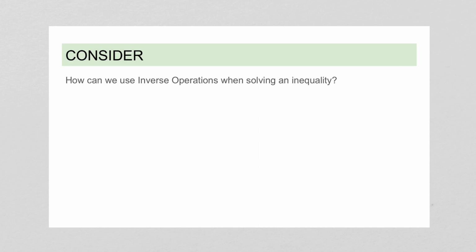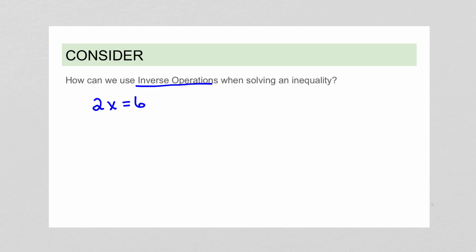So how can we use operations when solving an inequality? Let's first think about how we use inverse operations to solve an equation. Not an inequality, but an equation. We worked with the example 2x equals 6 in our last lesson.